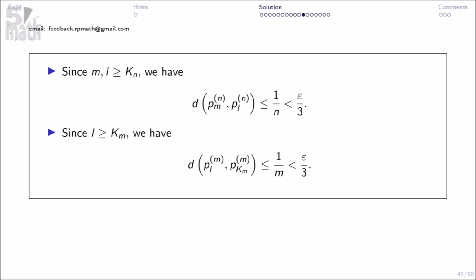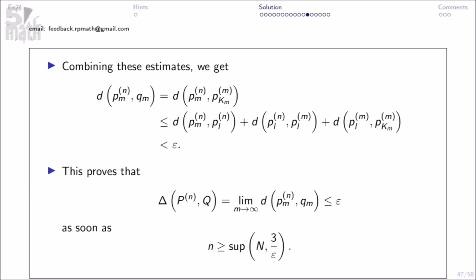Since ml greater than or equal to kn, we have this. Since L greater than or equal to km, we have this. Combining these estimates, we get the following. This proves that this as soon as this.